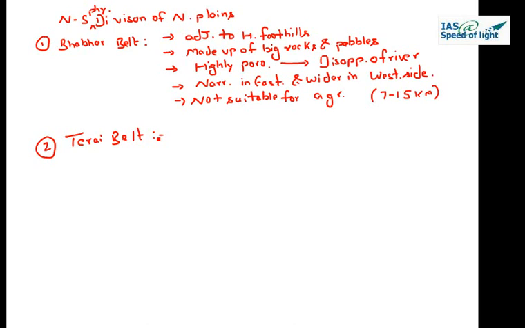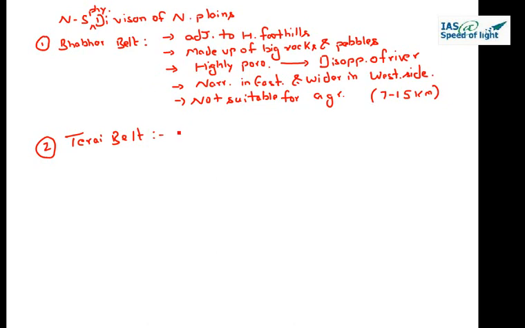So now when the river is re-emerging in this region, this area is really marshy and ill-drained. The region is excessively moist and thickly forested and is populated with a variety of wildlife because of the moisture. Now, if we see the present situation, most of the Terai land has been converted into agricultural land.